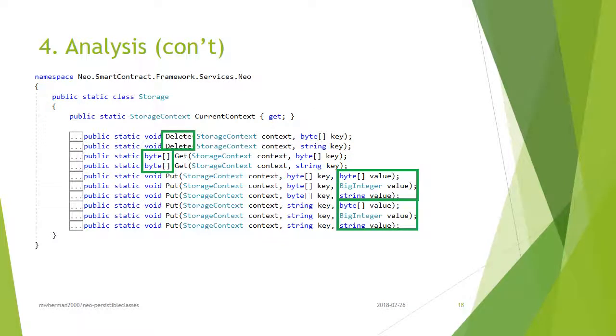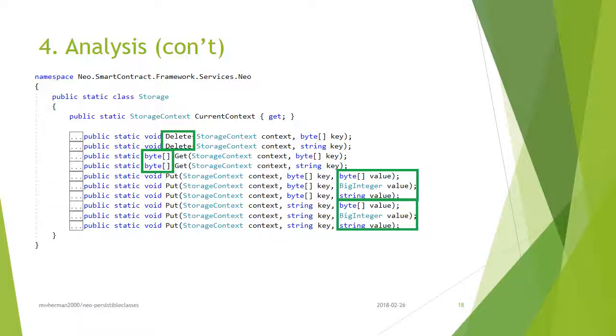The other part of the analysis, because a key unique aspect of the Neo persistent class framework is its ability to persist objects, entities, into Neo storage, and also to be able to bring those back and deserialize them.